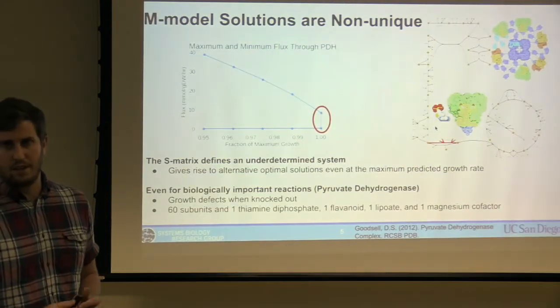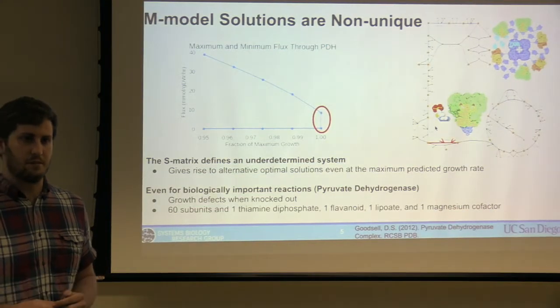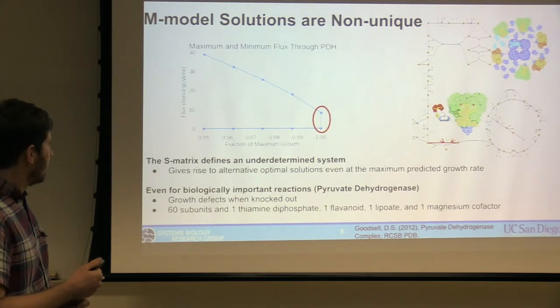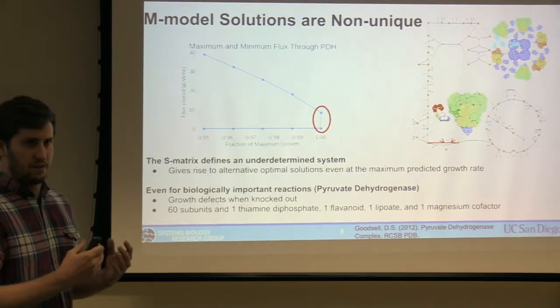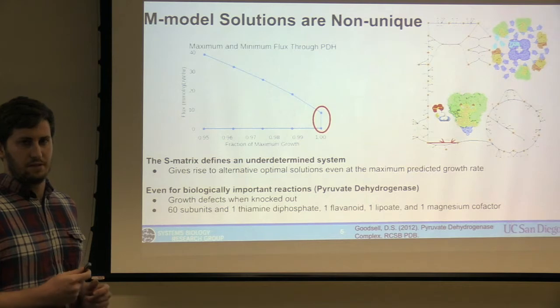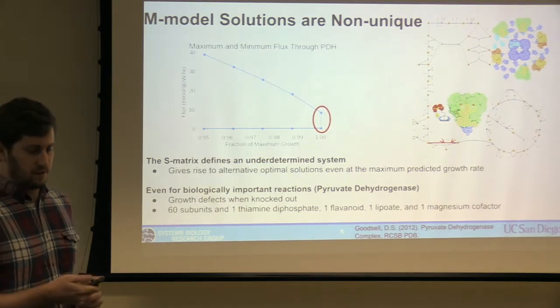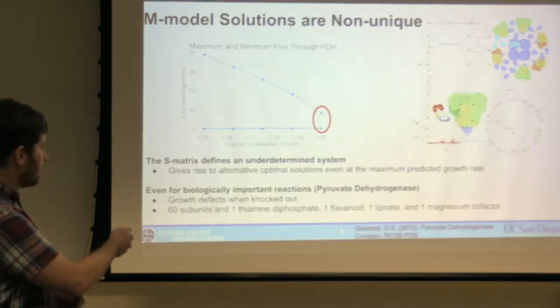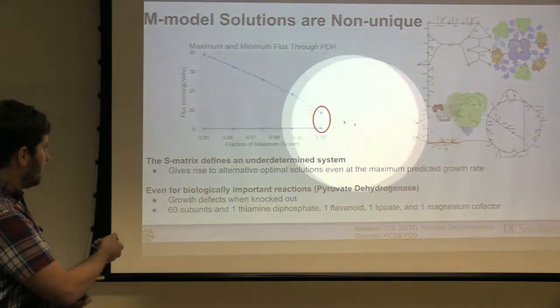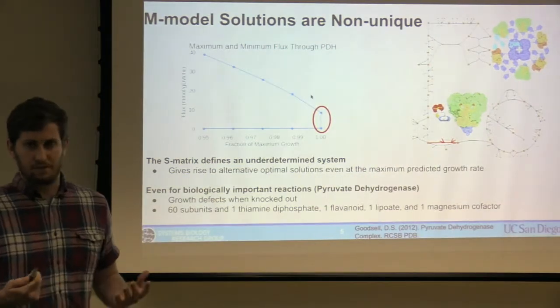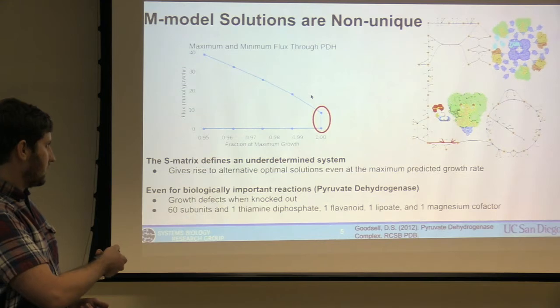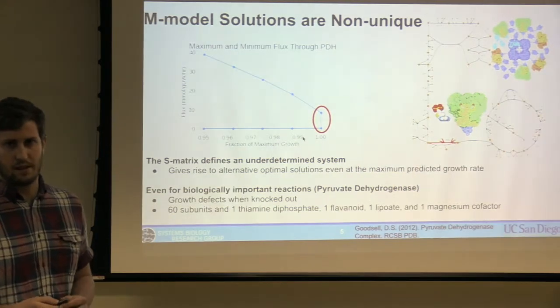It's one of the most complex enzymatic systems known to biology, so there's a huge selection pressure to make this reaction as efficient as possible because it's very important for growth. And even at the maximum growth rate with an M model, we don't really know what the flux of that reaction is going to be, and it can even be 0 and still grow optimally, which is not ideal.